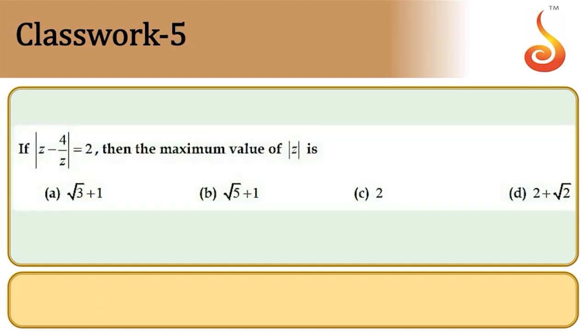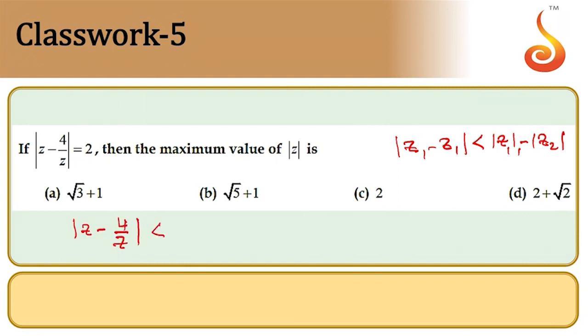Example 5. So here we use the same concept: mod z1 minus z2 is always greater than or equal to mod z1 minus mod z2. If you use this concept, mod of z minus 4 by z is always at least mod z minus 4 by mod z. So 2 is at least t minus 4 by t.